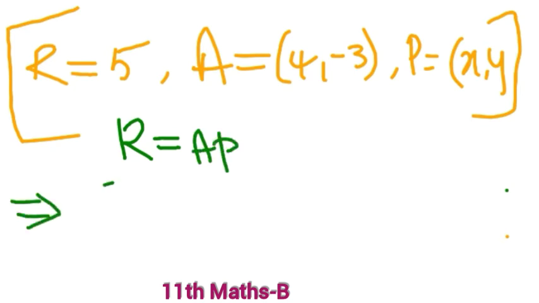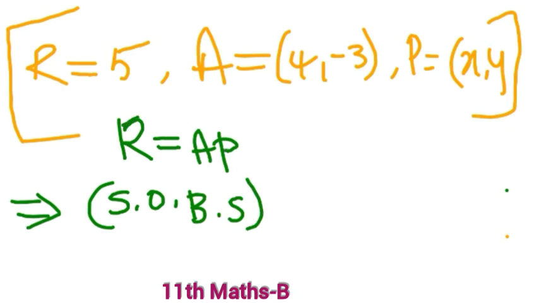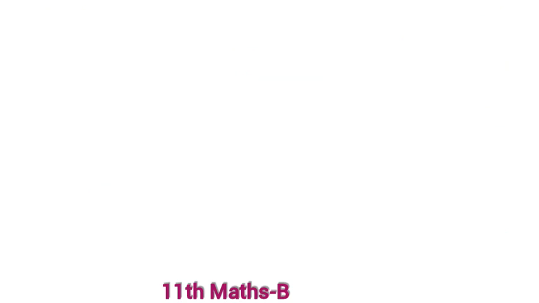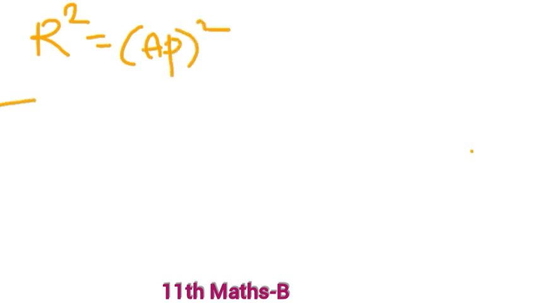The next thing we have to do is squaring on both sides, because in the locus chapter, in every question, we have to do squaring on both sides when we get a basic equation. After squaring both sides, it will be R square equals AP whole square.